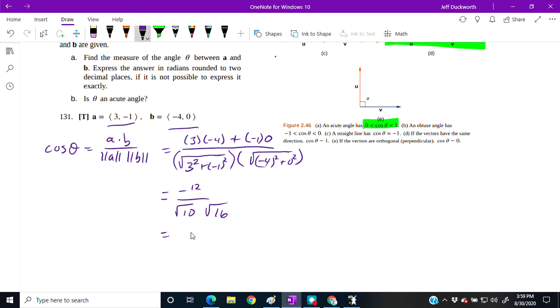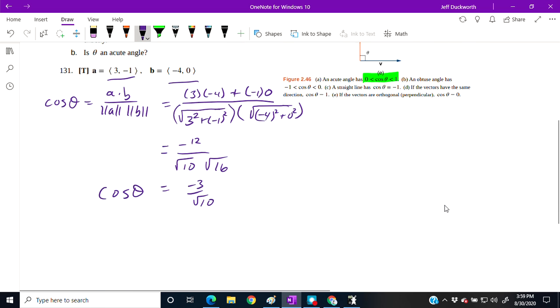So that gives us -3 over root 10. That is what cosine of theta is, which means that theta will be the arc cosine of -3 over root 10. So we can determine what that is.